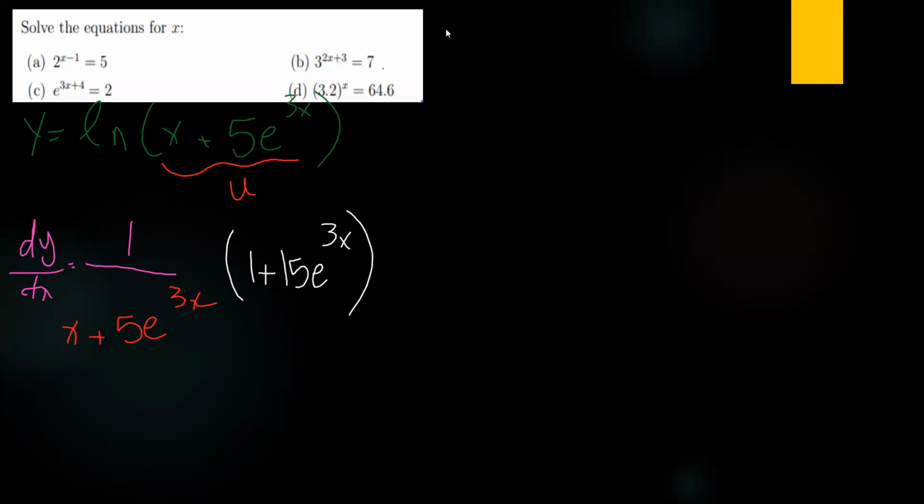Let's have another question now. Here I want to solve number A and C to get the idea. In A, we have 2 to the power x minus 1 equals 5.